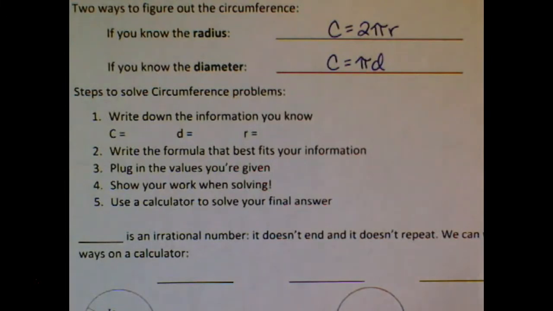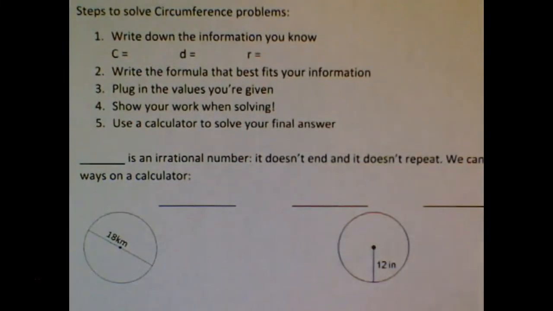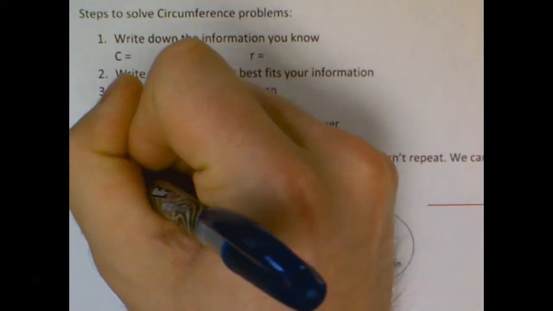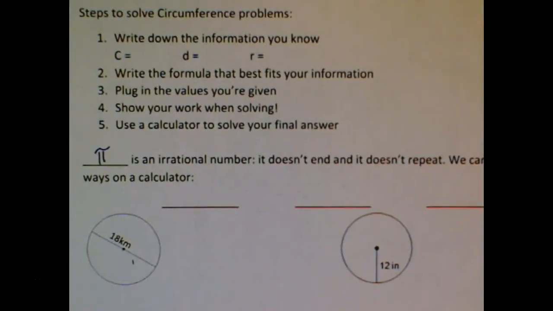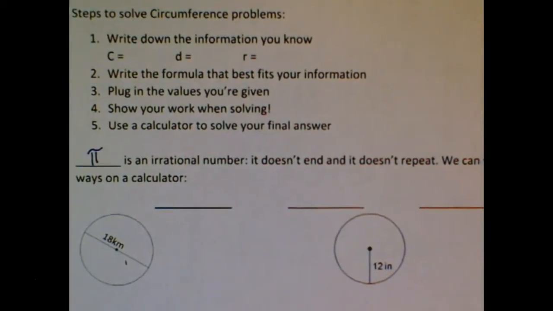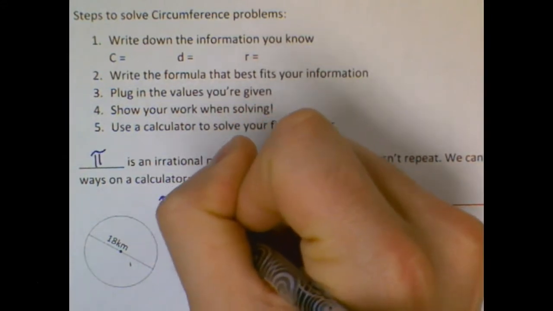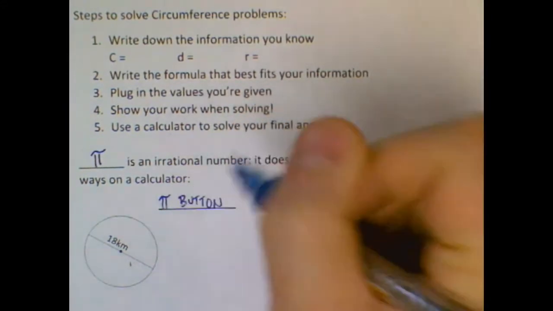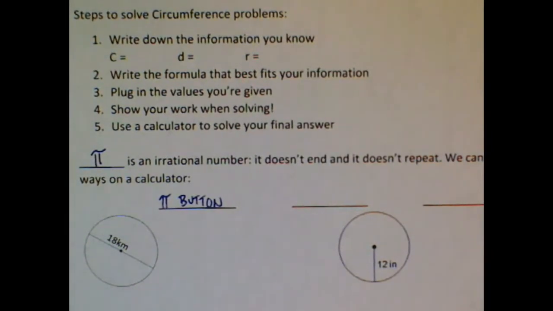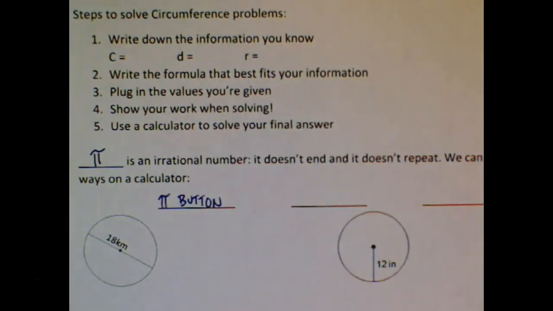All right, so this thing, pi, it's an irrational number, which means that it doesn't end and it doesn't repeat. And we can write it 3 ways. The first way on a calculator is with the pi button. This is the most accurate way to represent pi because you're using the actual value of pi. It is not typically one that we use quite often in our math.